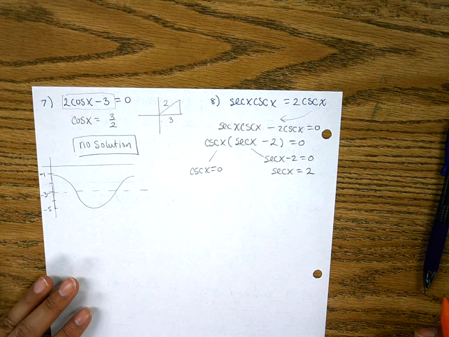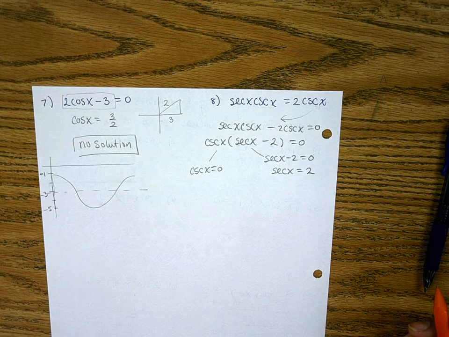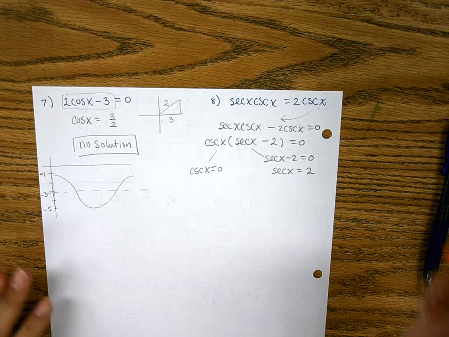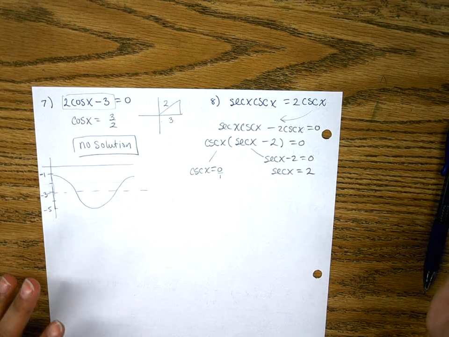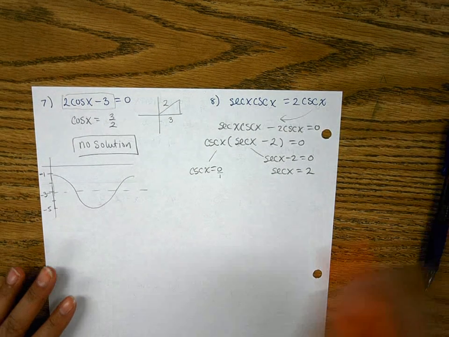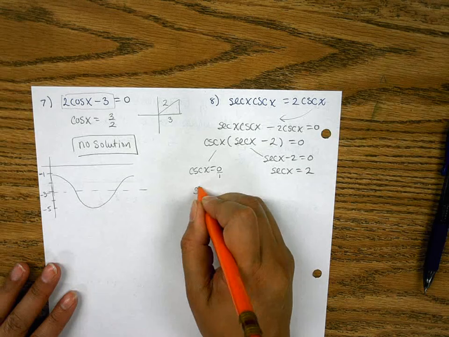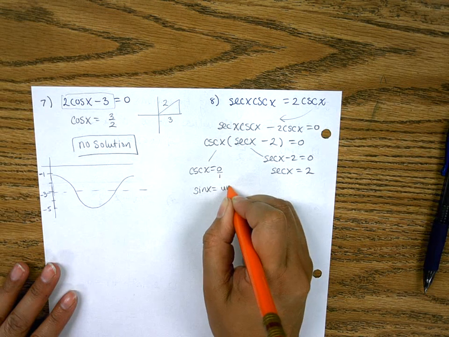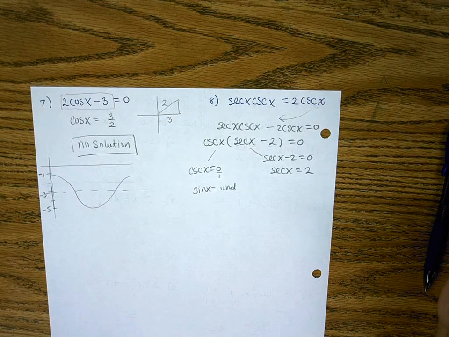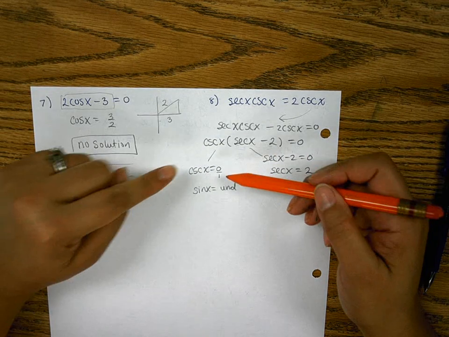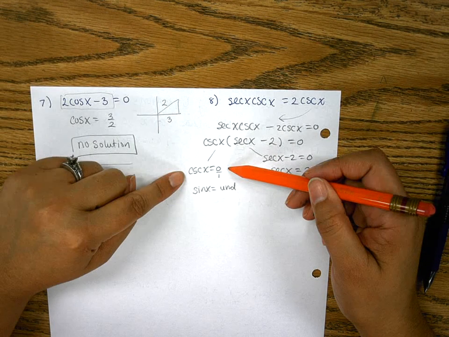All right, thinking of this one, cosecant x equals 0. 0 over 1. Cosecant's the reciprocal of sine. So this is saying that sine, when is sine undefined? Because the reciprocal of 0 over 1 is 1 over 0, and that is undefined.